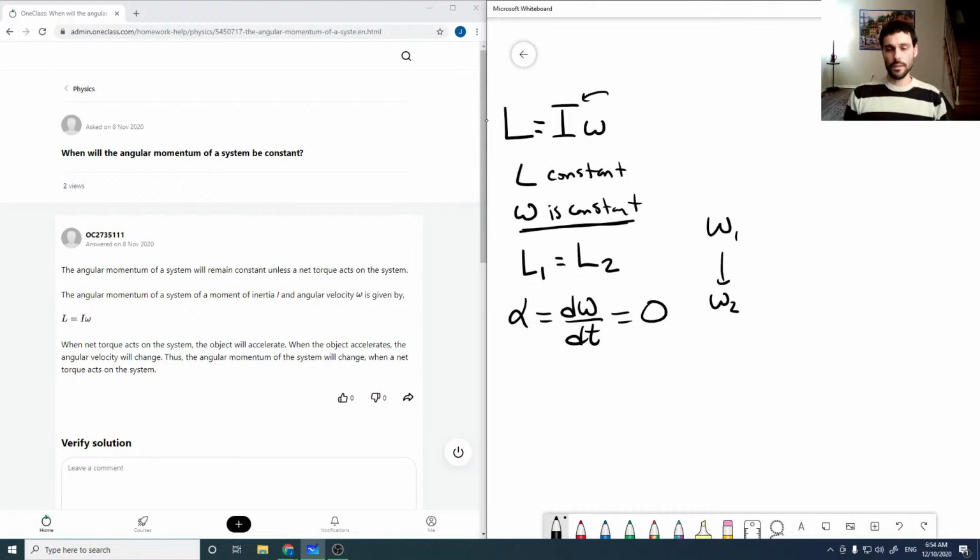Another way of saying this is, since our torque is I alpha, again very similar to linear motion, L will be constant with no external torque.